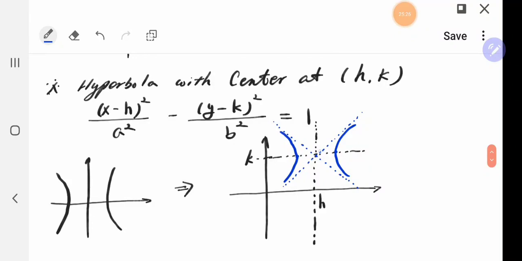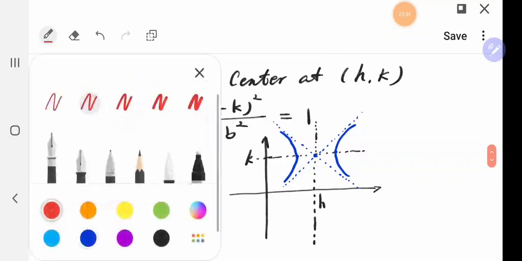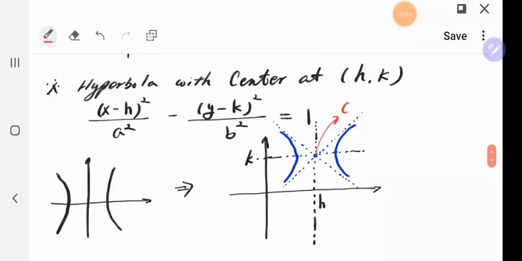So the center, let's use a different color. This is the center, which is H and K. This is the vertex, which is, actually this distance is A. So it will be A plus H. Now A is increased by H and then increased by K. How about this vertex?